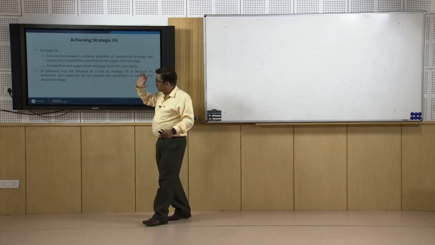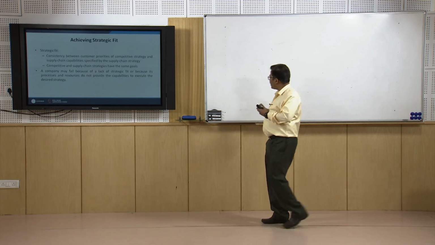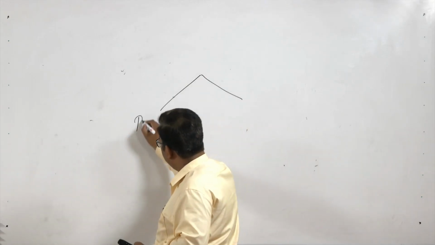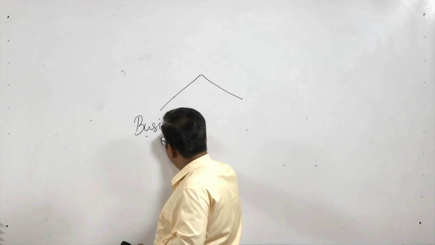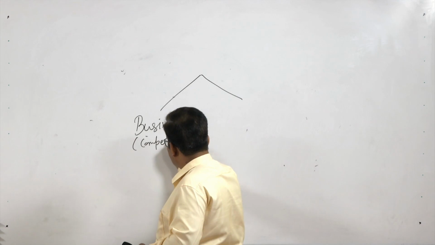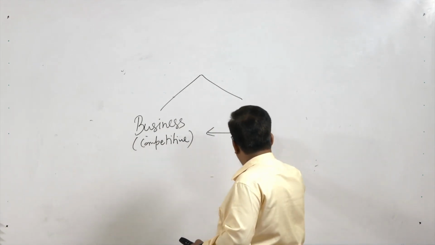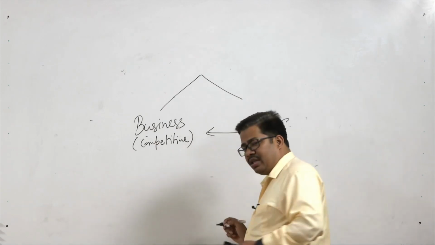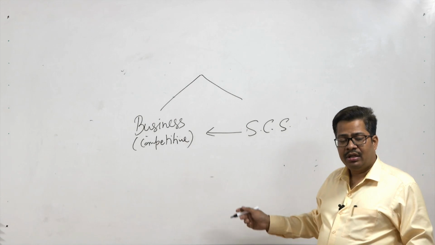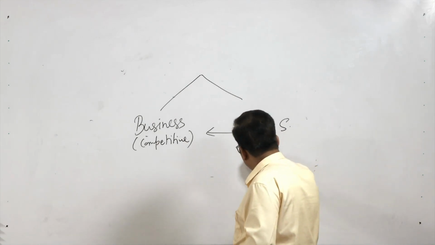So, first we want to develop a strategic fit between the business strategy, or you can say competitive strategy, which the supply chain strategy must support, and this supply chain strategy is exhibited in the form of capabilities.